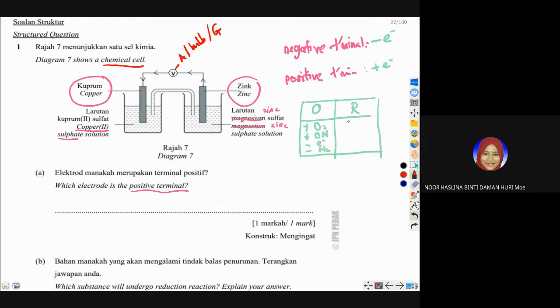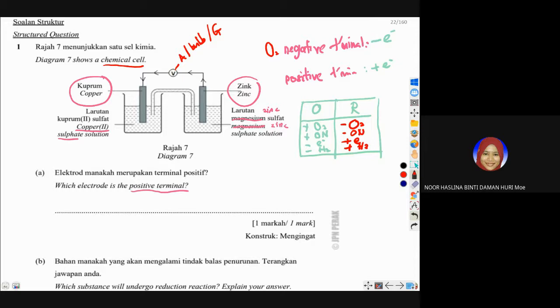So reduction: release of oxygen, decrease of oxidation number, receive of electrons, and receive of hydrogen. So the negative terminal releases electrons, so it becomes oxidation. So oxidation will occur at the negative terminal.